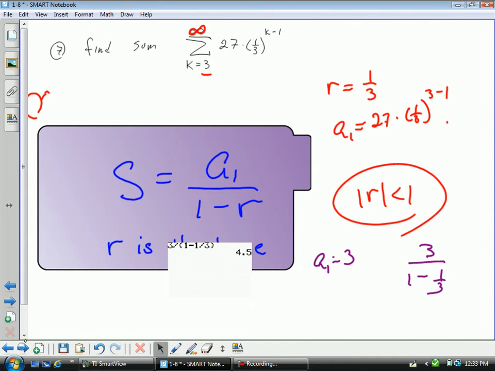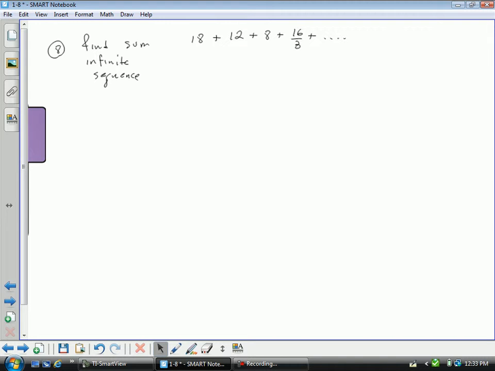Now number 8 is an infinite sequence. The reason is they'll be indicating it with the dot dot dot. Now for the geometric sequence, you have to find out what is the r, what are you multiplying? Sometimes finding r isn't so obvious. So what we have to do is take the second term divided by the one before it. And you'll see that if we were to take the 8 divided by the 12, we get the same thing. It's going to be 2 over 3, and so is this. But 2/3 is what your common ratio, or r, is equal to.